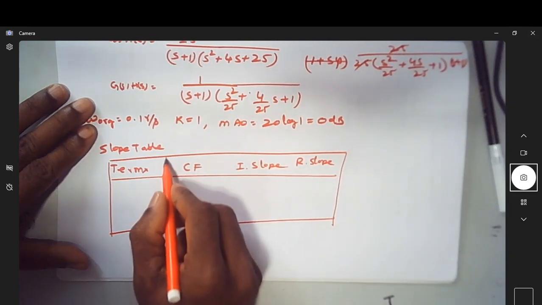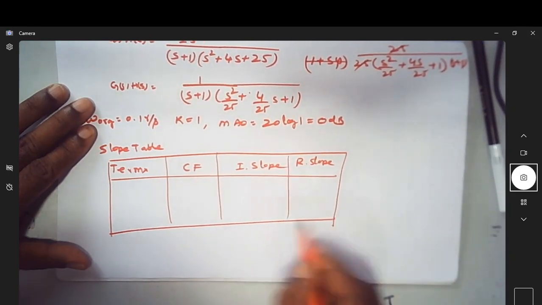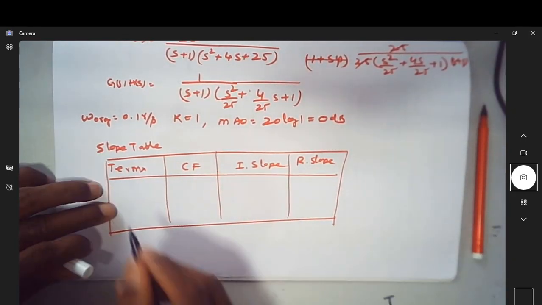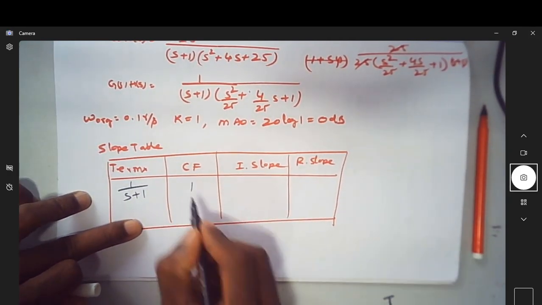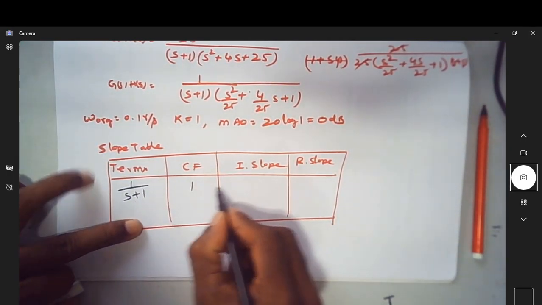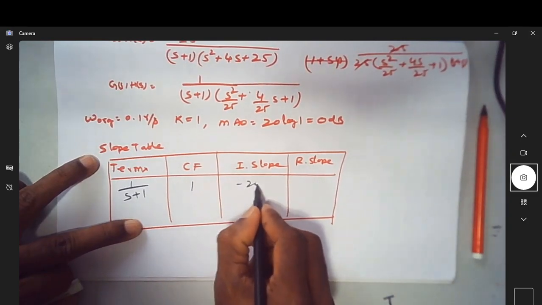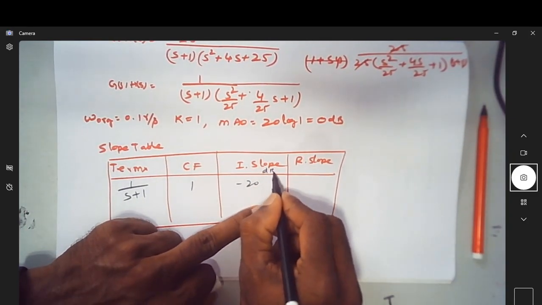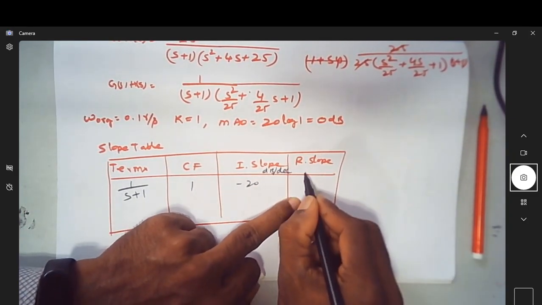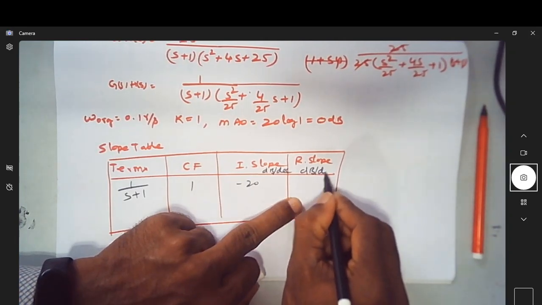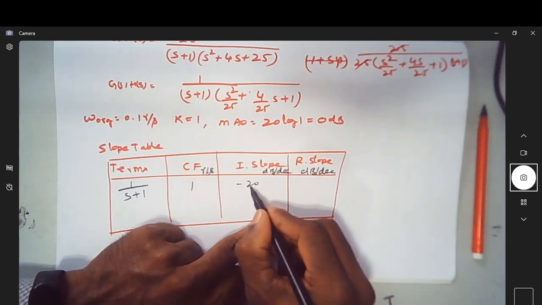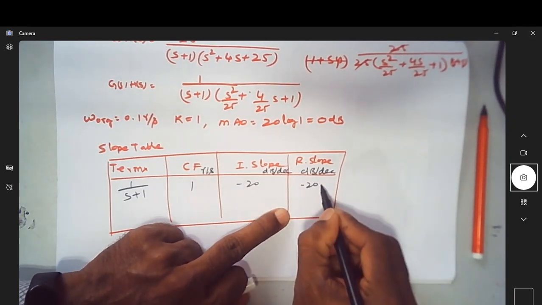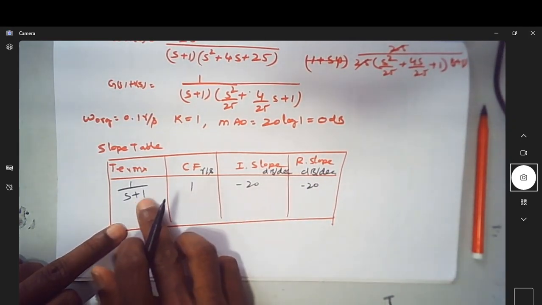We have the term 1 by s plus 1, its cutoff frequency is 1, and its slope is minus 20 dB per decade. The cutoff frequency is in radian per second. So this minus 20 dB per decade will continue after 1 radian per second.